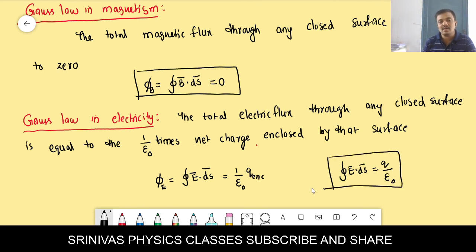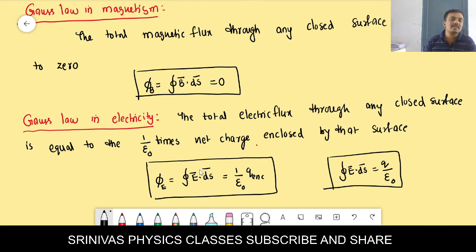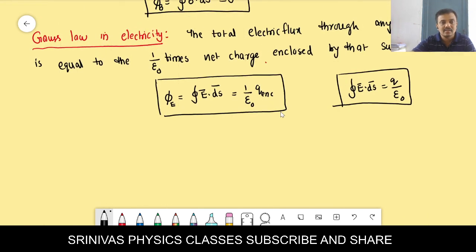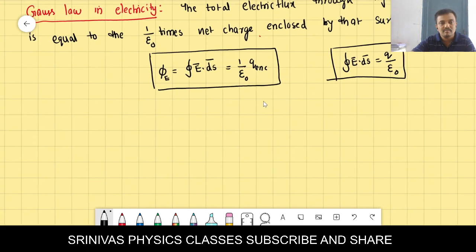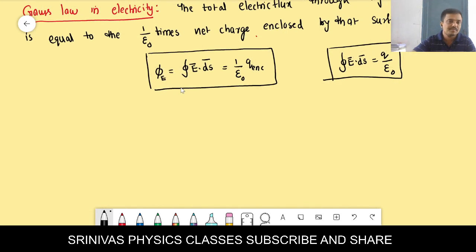This is the formula which shows the mathematical form of Gauss law in electricity. In magnetism, the total magnetic flux is equal to 0. But in electricity, the total electric flux through any closed surface is equal to 1 by epsilon naught times the net charge enclosed by the surface. Why is magnetic flux always 0 and why may electric flux or may not be equal to 0?